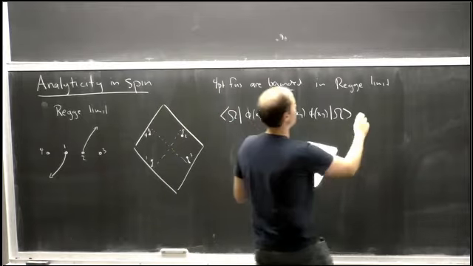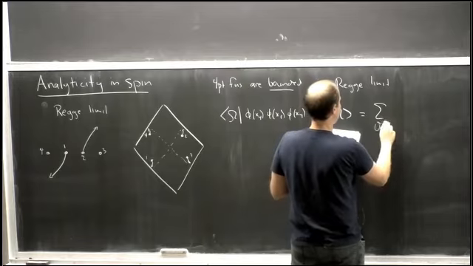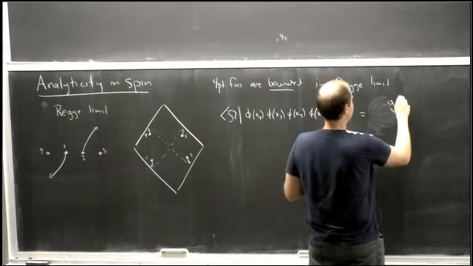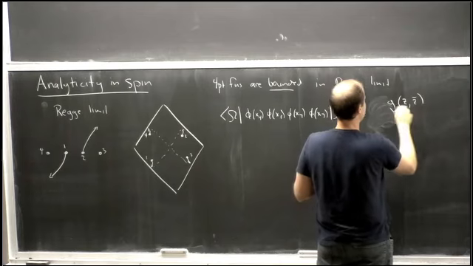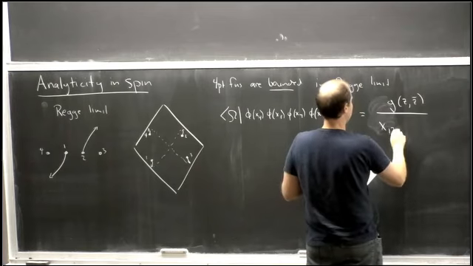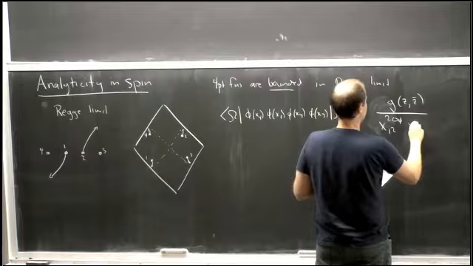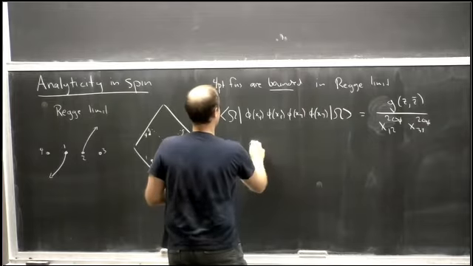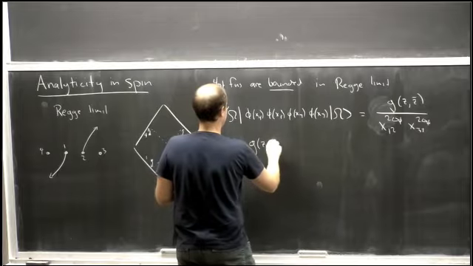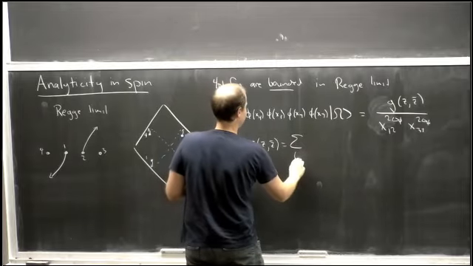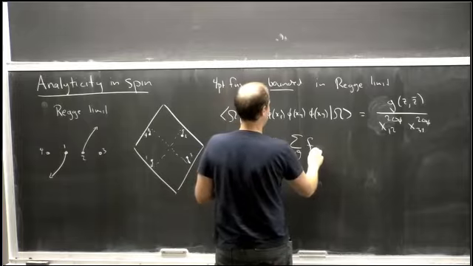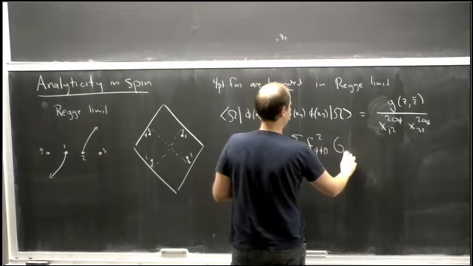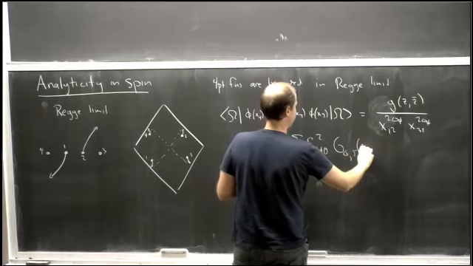And this thing has a conformal block decomposition, so it's a sum over operators. Let me write it like this: g of z and z bar over x12 to the 2 delta phi, x34 to the 2 delta phi, where this function g of z and z bar has an expansion in conformal blocks. It's a sum over operators O in the phi phi OPE with OPE coefficients squared times a conformal block.